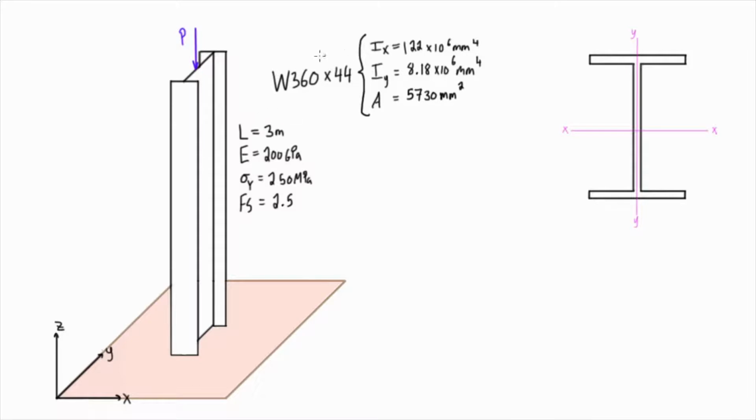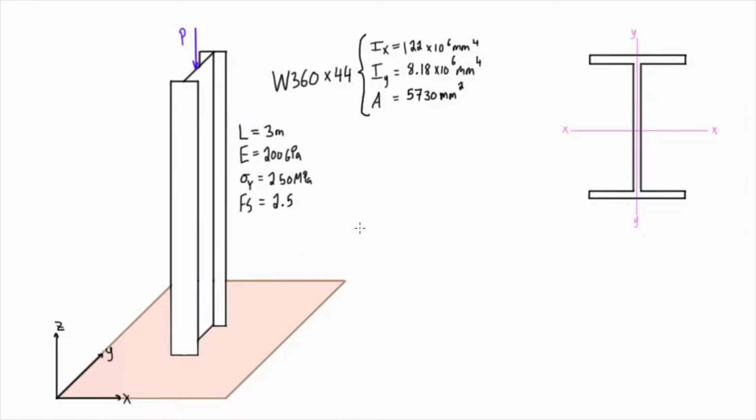You can look this up in the back of your Mechanics of Materials textbook, and basically any textbook will have tables for this sort of thing. It has all the moments of inertia in both directions, the cross-sectional area, the depth, the thickness, the radii of gyration. Basically everything you need to know about these columns is in the table, and that's where these numbers come from for this wide flange shape.